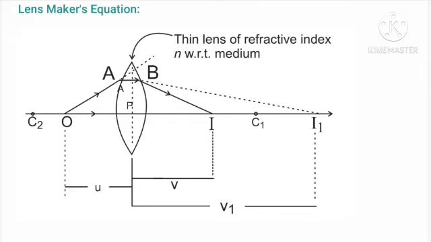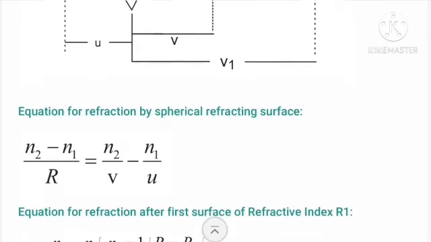Then for the second refracting surface, the intermediate ray will travel towards point B, and the virtual image will be seen at I1.